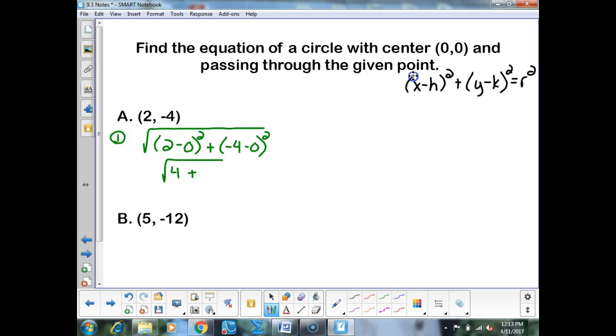Negative 4 minus 0, negative 4 squared, 16. So that's the square root of 4 plus 16, which is square root of 20. So the radius is the square root of 20.